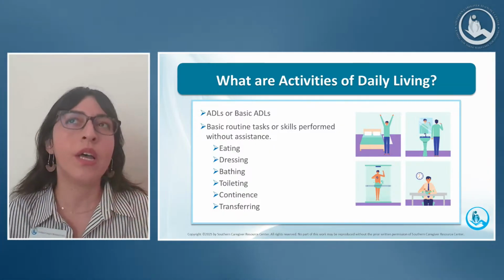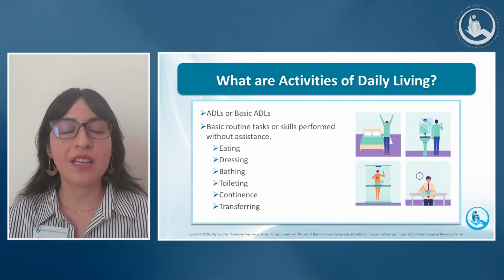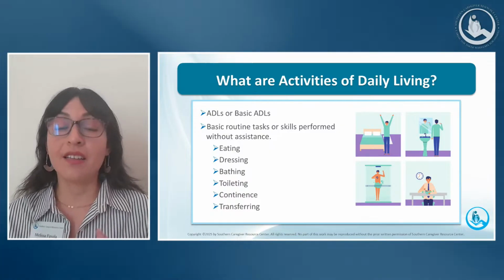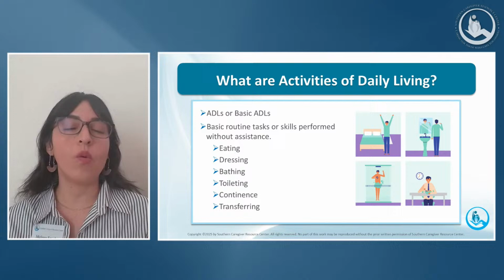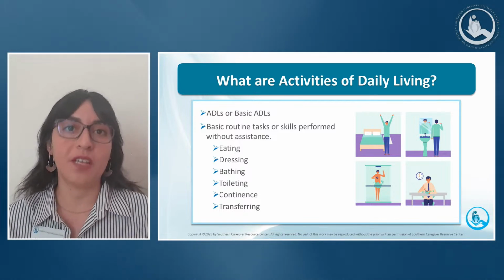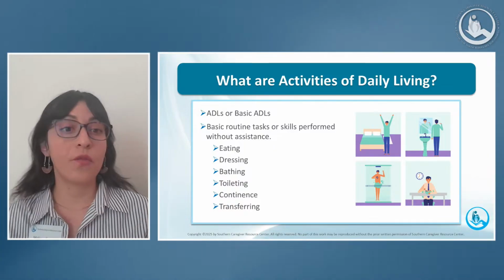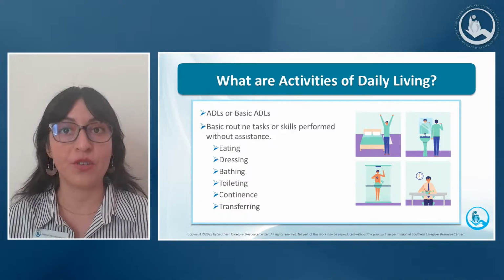For example, when we're thinking about eating, right? That's the ability that an individual has to feed oneself. And expanding on that a little bit more, let's think about what else we need when we're going to feed ourselves, right? Well, we need to think if the food that we're consuming is nutritious or if it's something we should consume, right?